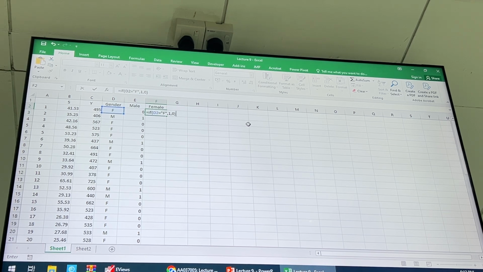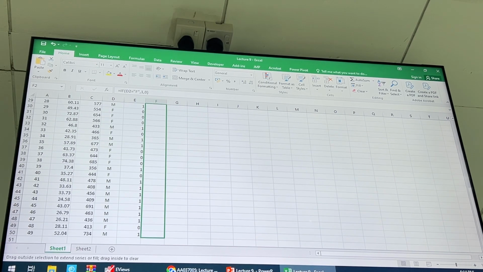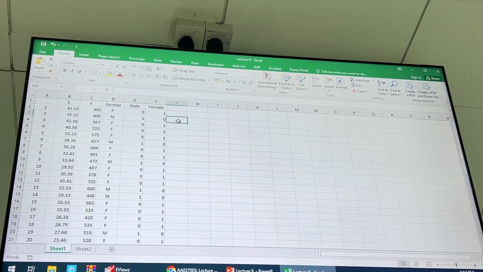One way to create a dummy variable for categorical variables is to do it in Excel like this, and then you transfer the data into the software.